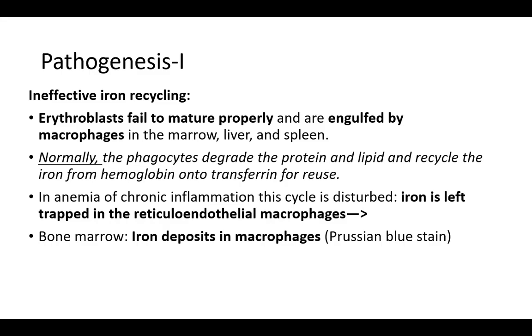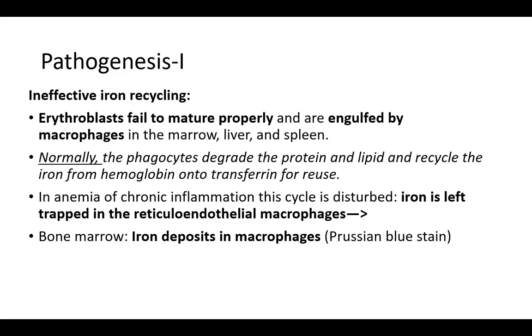Coming to pathogenesis, there is ineffective iron recycling, where erythroblasts, in this case, do not mature properly. Those erythroblasts are engulfed by macrophages in the reticuloendothelial system organs: liver, spleen, and bone marrow.